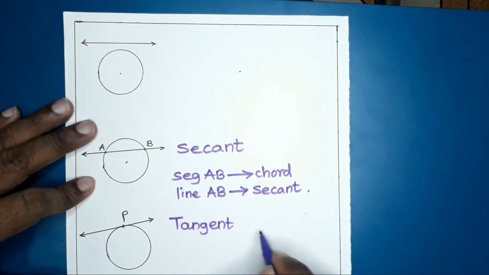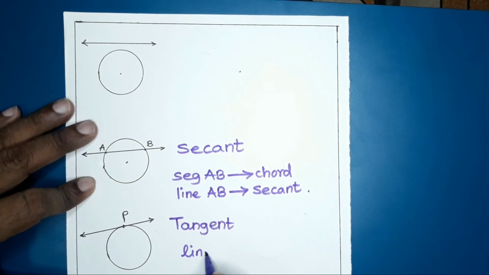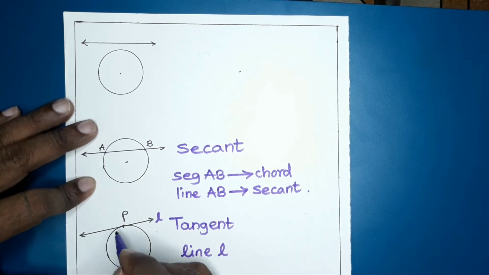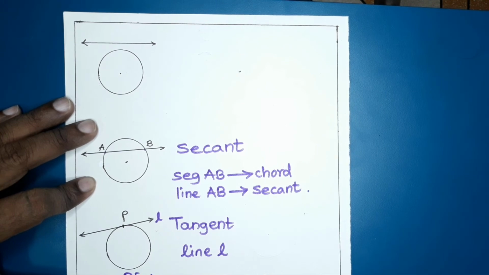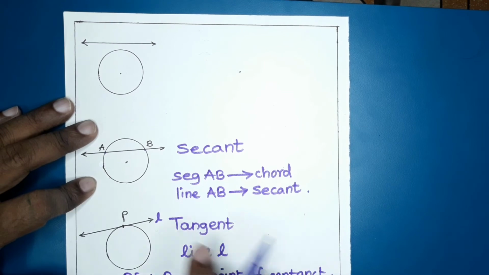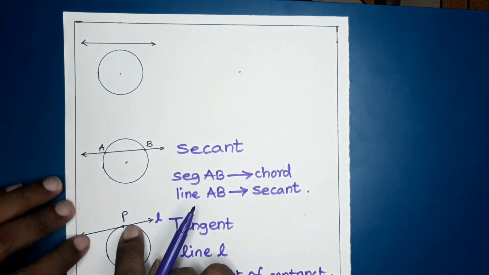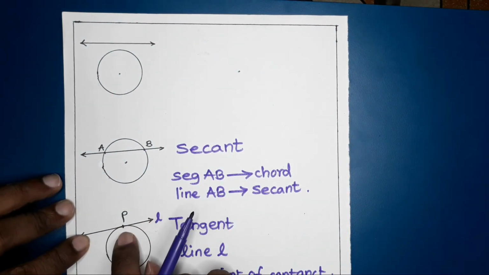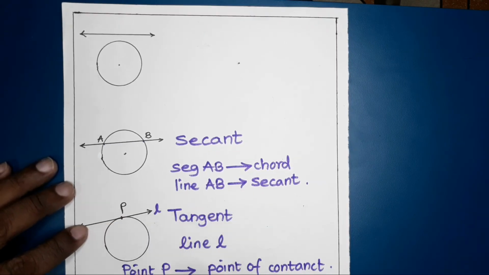Again, a tangent is nothing but a line. Say line L, and point P is called the point of contact. There is one basic condition, that the line and the circle should be in the same plane.